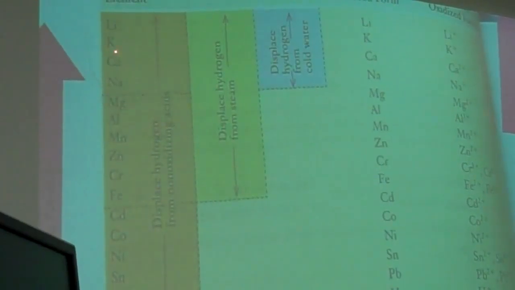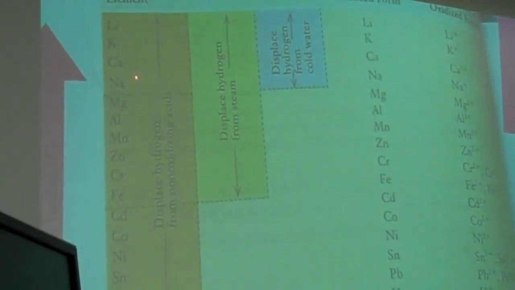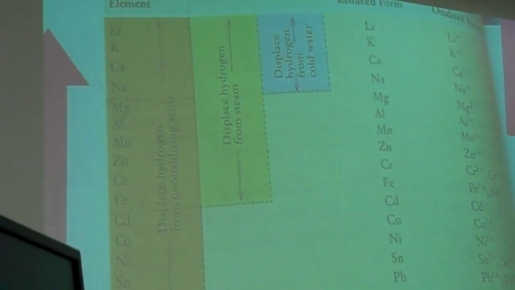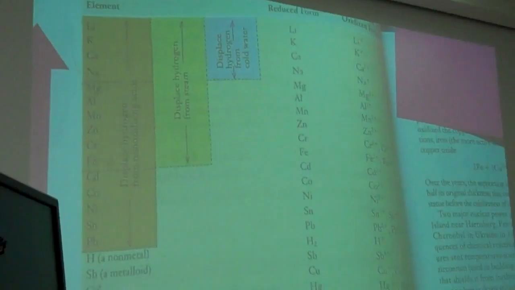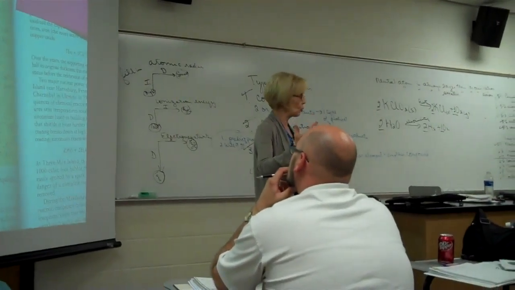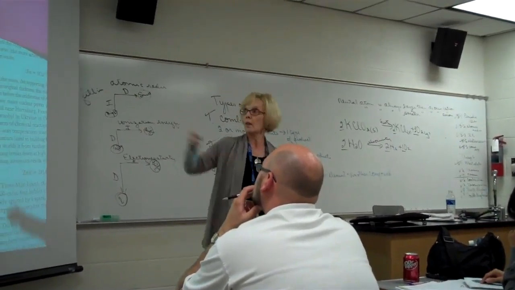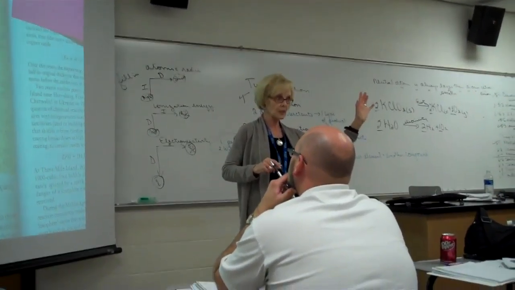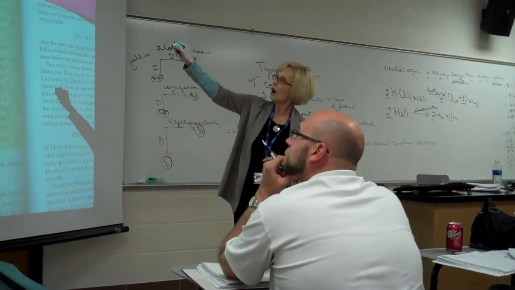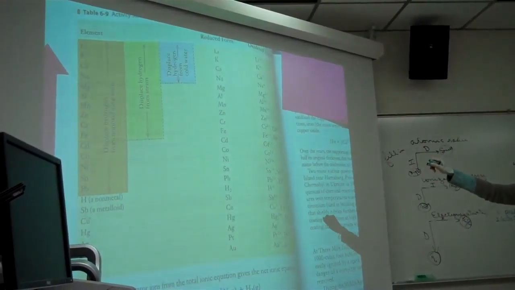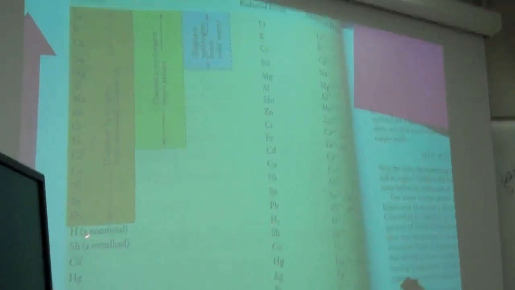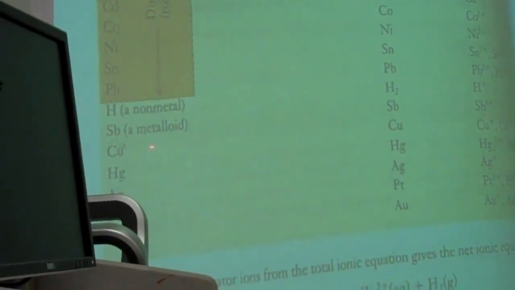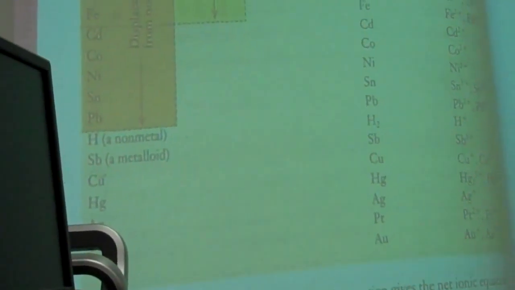When we get to potassium, potassium can kick out everybody down here, but it can't kick out lithium. Remember the story about the captain of the football team versus the 90-pound weakling at your high school? Okay, that's the idea. The strong always win, or the active always win. Now, all of these happen to be metals, with the exception, right here, hydrogen, of course, is a non-metal, and then antimony is really a metalloid.